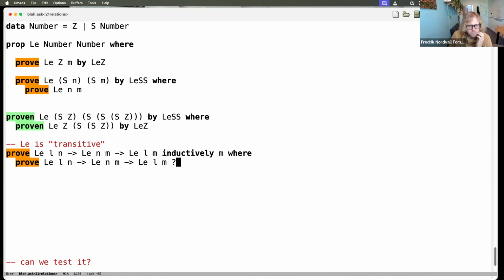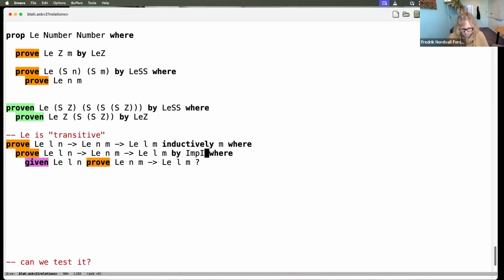Okay. So once again, I showed you this before with stone, paper, scissors. I'm going to take this very slowly. I'm going to do implication introduction, but just once. Here, I know some facts about L and N. And if I ask how they came to be true, I will learn something about L and N. And in particular, I would very much like to be in the situation where L is 0.